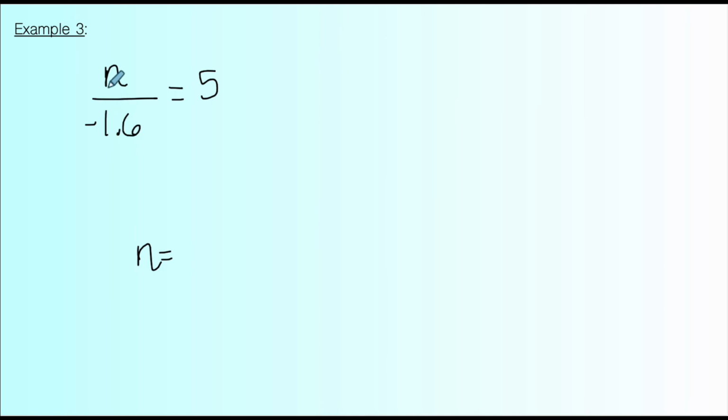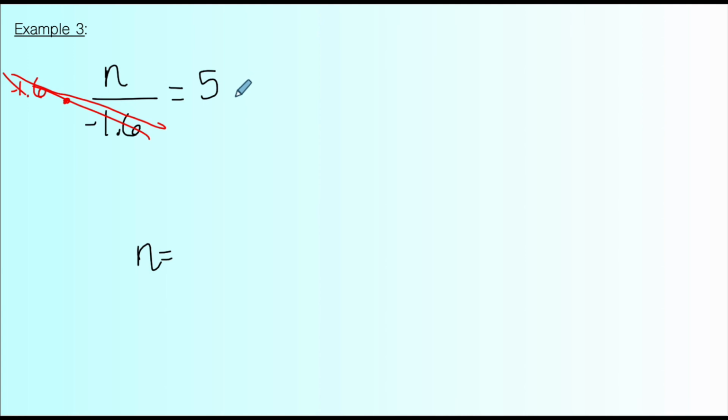Since the problem is originally a division problem, the inverse of division is multiplication. So if I multiply by negative 1 and 6/10, inverse operations undo each other, therefore that just cancels out, and I'm left with n.